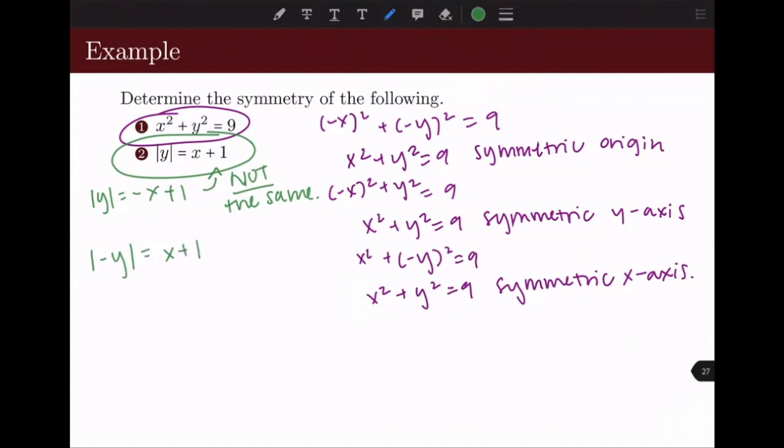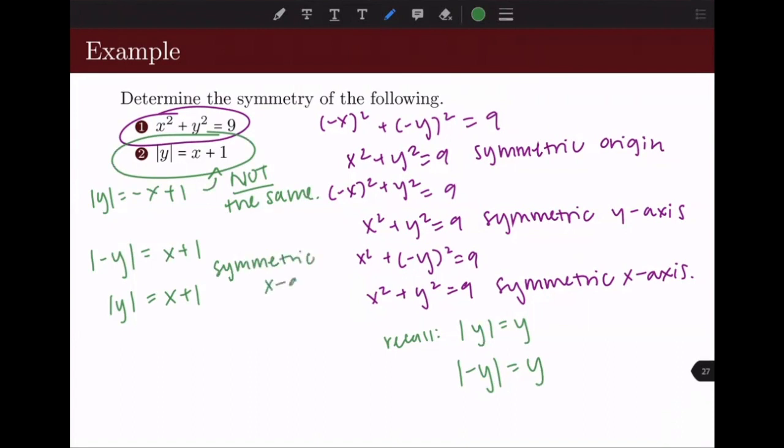And remember, we talked about absolute value a little bit earlier, but just recall that the absolute value of y equals y and the absolute value of negative y equals y as well. So this is going to be absolute value of y equals x plus 1. So it would be symmetric about the x-axis.